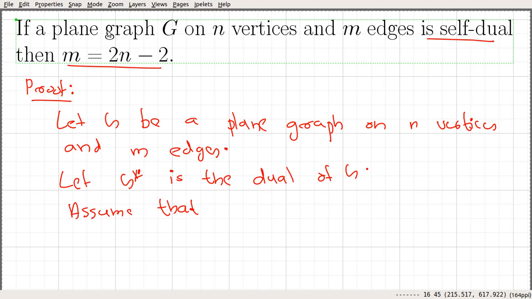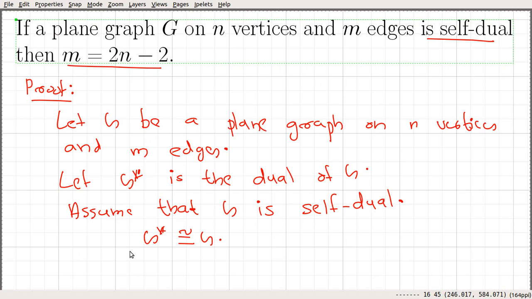So you are given that G is self-dual. If G is self-dual, then G star is isomorphic to G by definition.